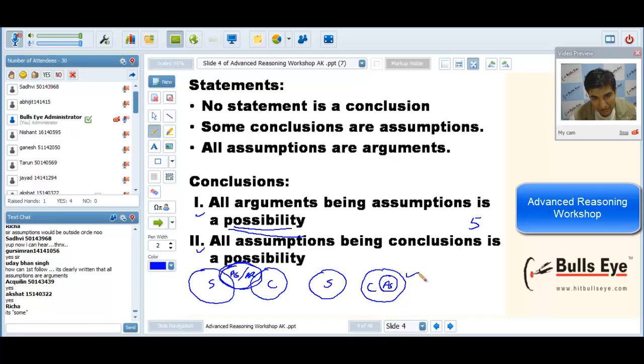Richa, assumptions would be outside and it can also be inside.